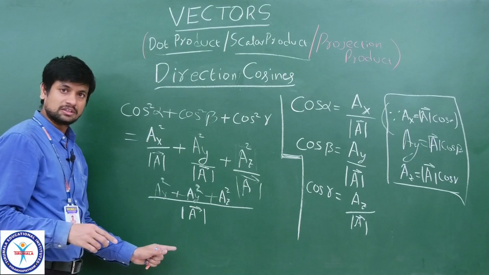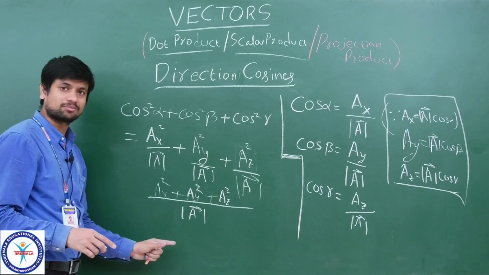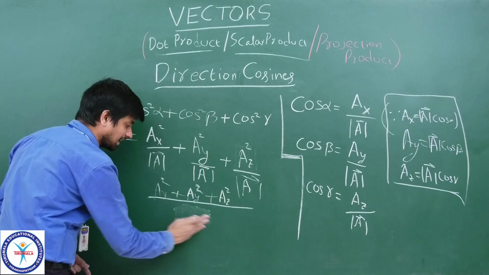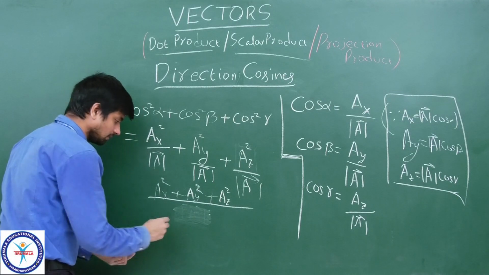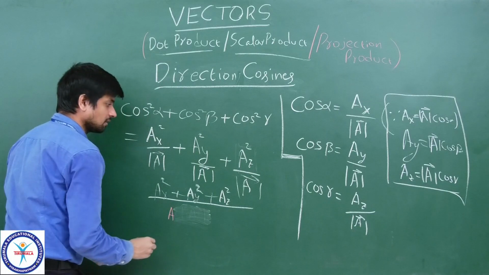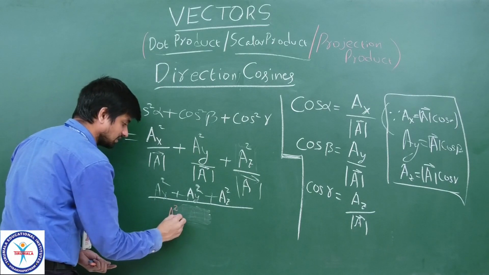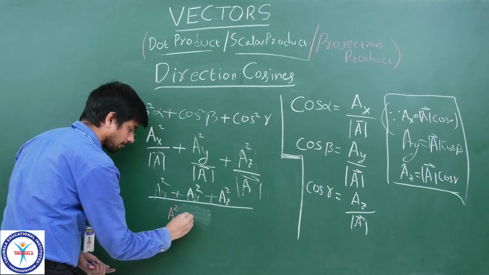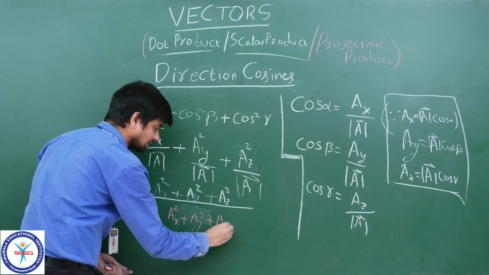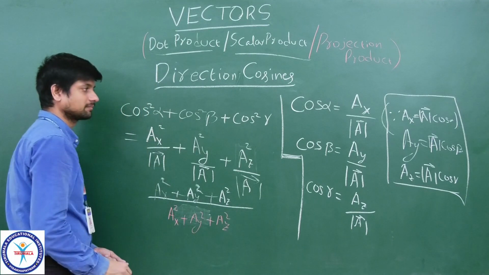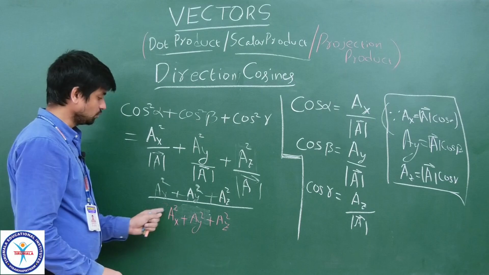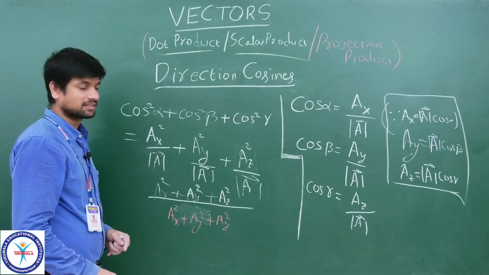Square root of the sum of squares of the components of i, j, k. So modulus A can be written as the square root of Ax square plus Ay square plus Az square.